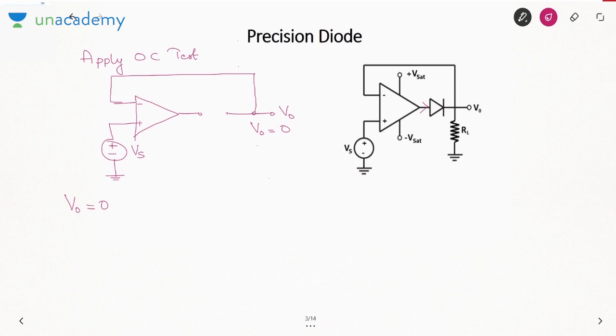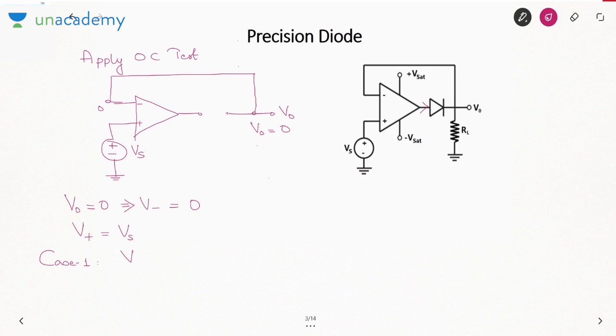If this voltage is 0, the voltage of the negative terminal is also 0. But what is the positive terminal voltage? It is Vs. Now there can be two cases.